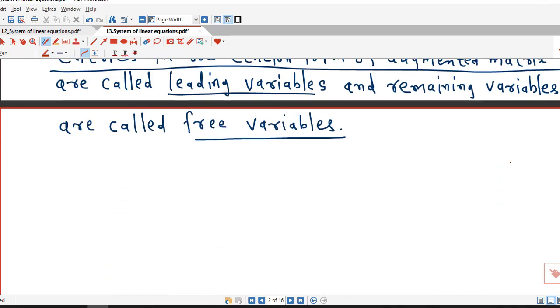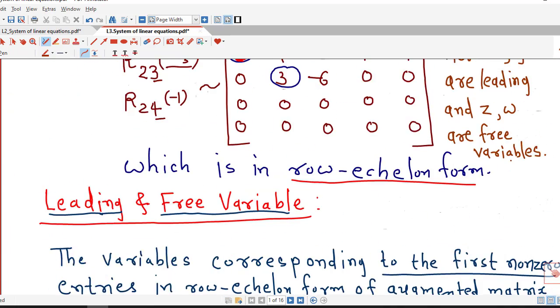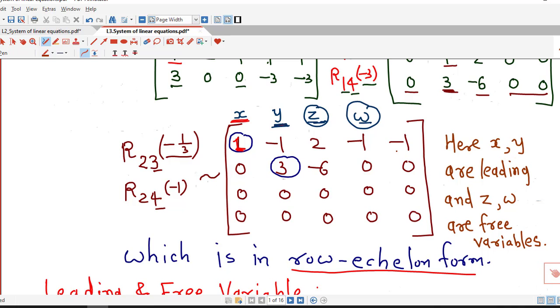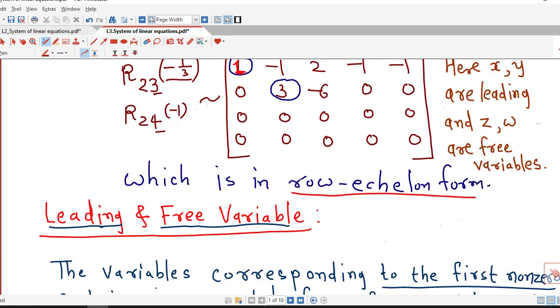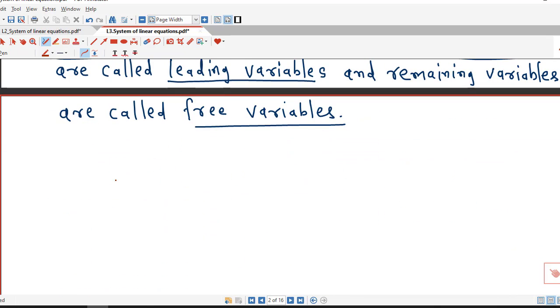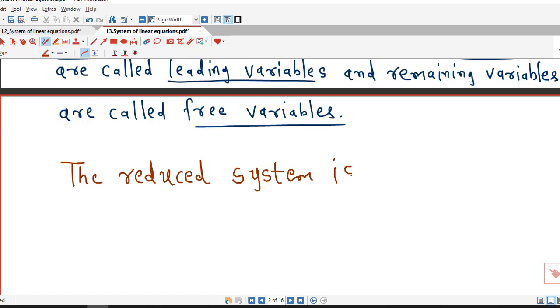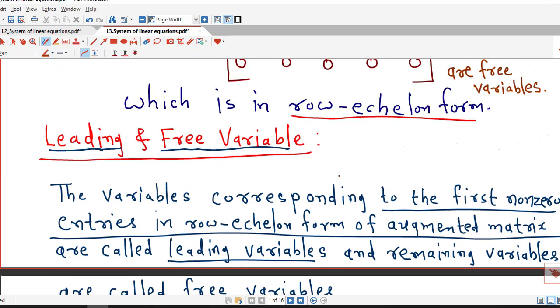So now we discuss how to write down the infinite number of solutions. The first step is to write down the system corresponding to the row echelon form. That system can be called the reduced system, or the system corresponding to the row echelon form.